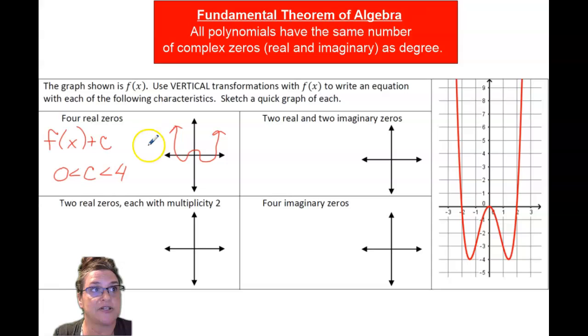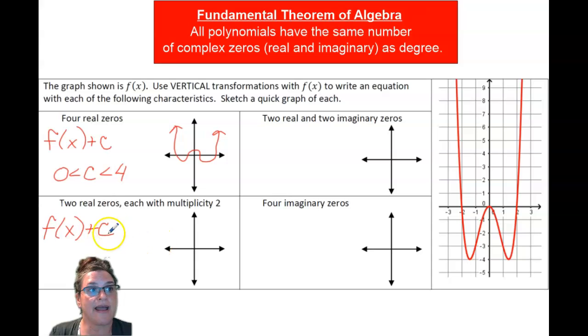Okay, so now I'm going to look for 2 real zeros, each with multiplicity 2. And I know that to have multiplicity 2 means that there would have to be bounces on the x-axis. So I would start with my polynomial f of x, which is shown in the graph, and then add a constant c.